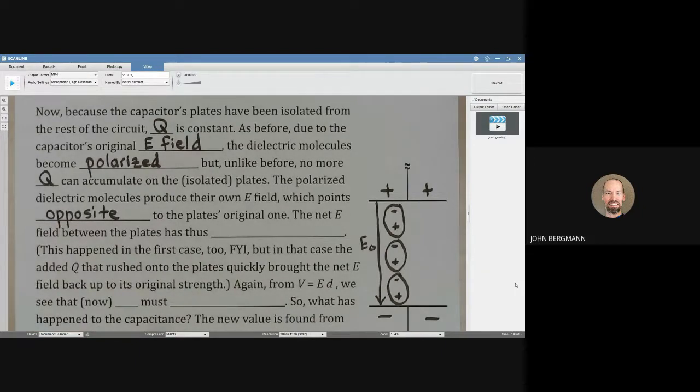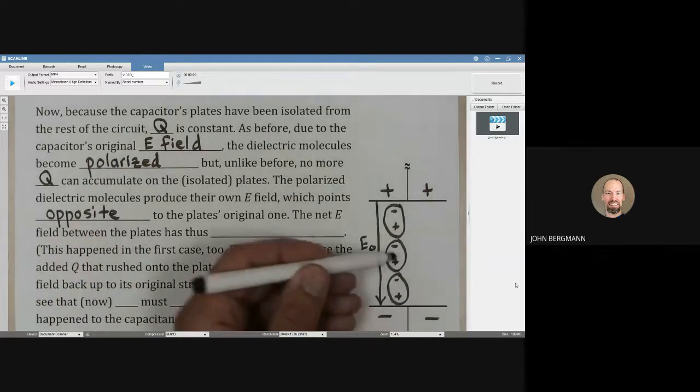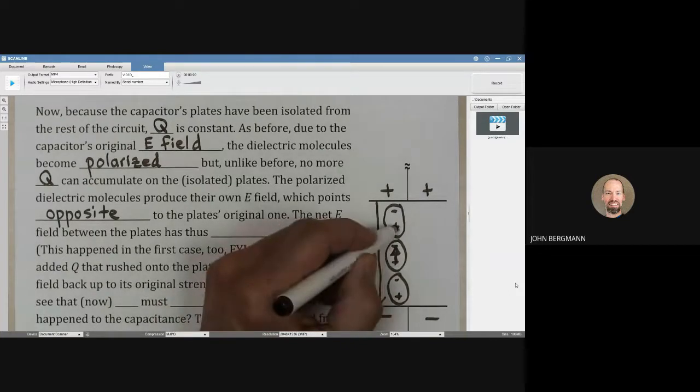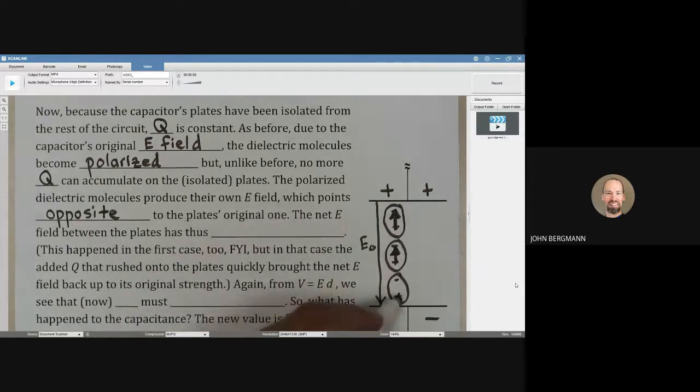Look at each of these dielectric molecules. Can you imagine a little electric field within this molecule? And which way would it point? Wouldn't it point up? Wouldn't the little electric field within that dielectric molecule point up? Because electric field lines point away from positive charges and towards negative charges.